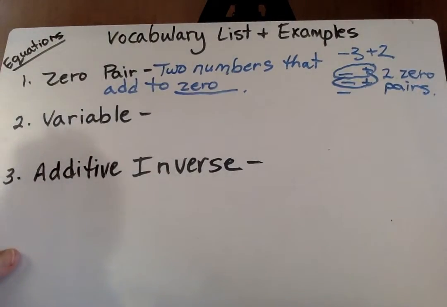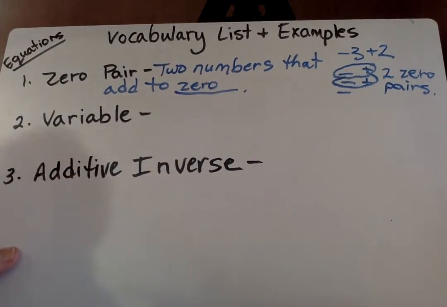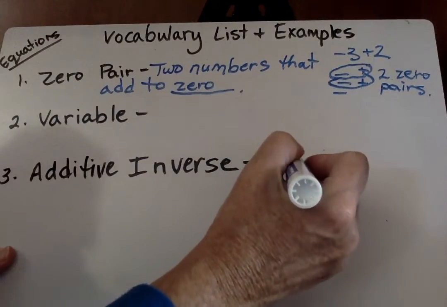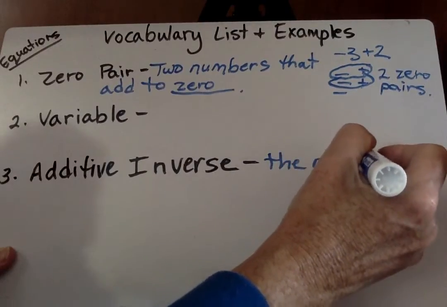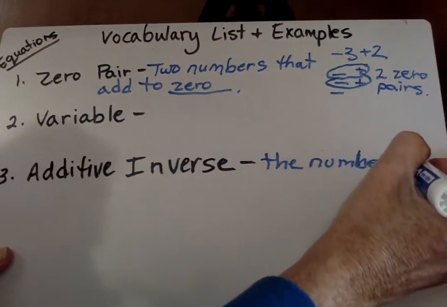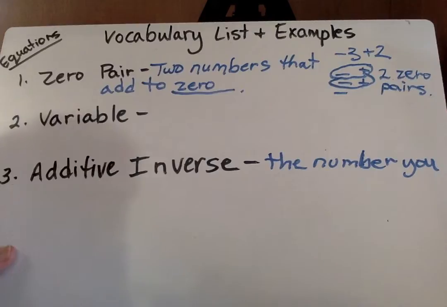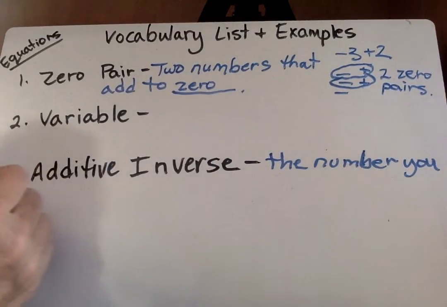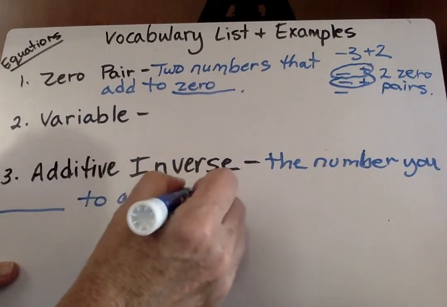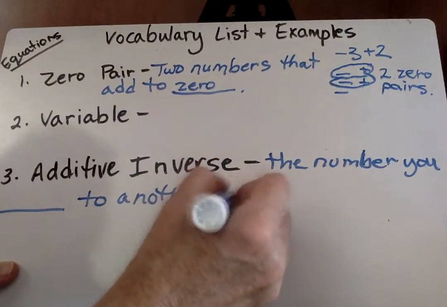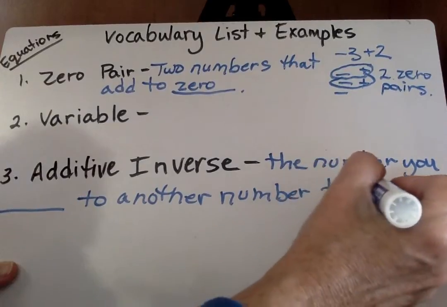Okay. Next, I'll come back to variable because additive inverse is right there. And it is the number you add to another number to get zero. So everybody should be writing this down on your vocabulary paper. The number you blank to another number to get zero.